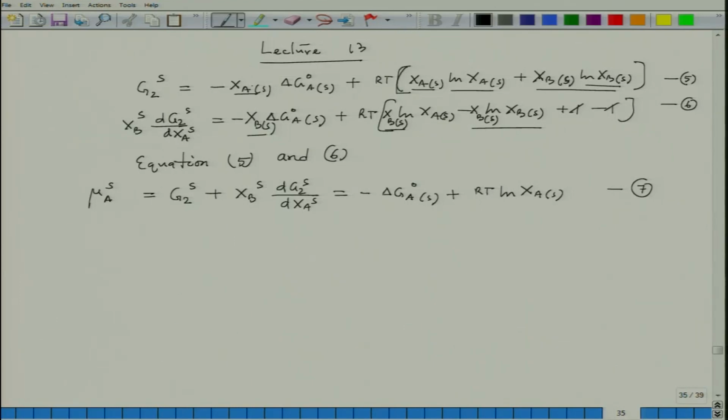Similarly, I would get mu B S, that means chemical potential of B in solid solution, on the similar line.